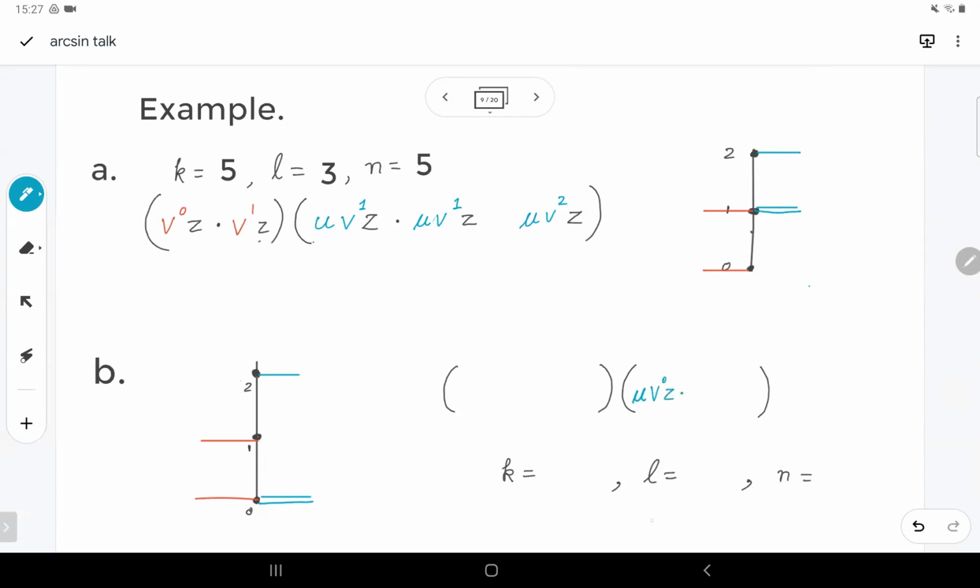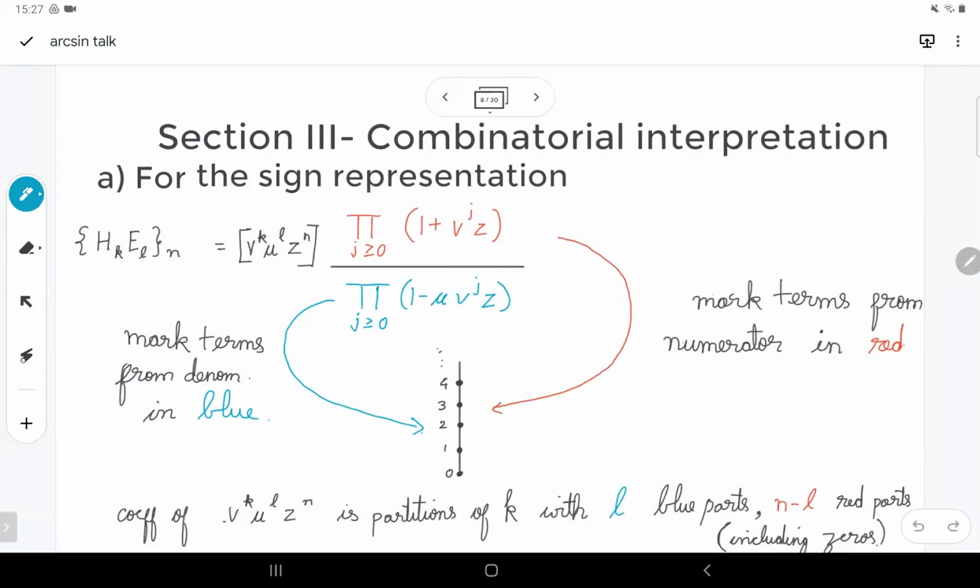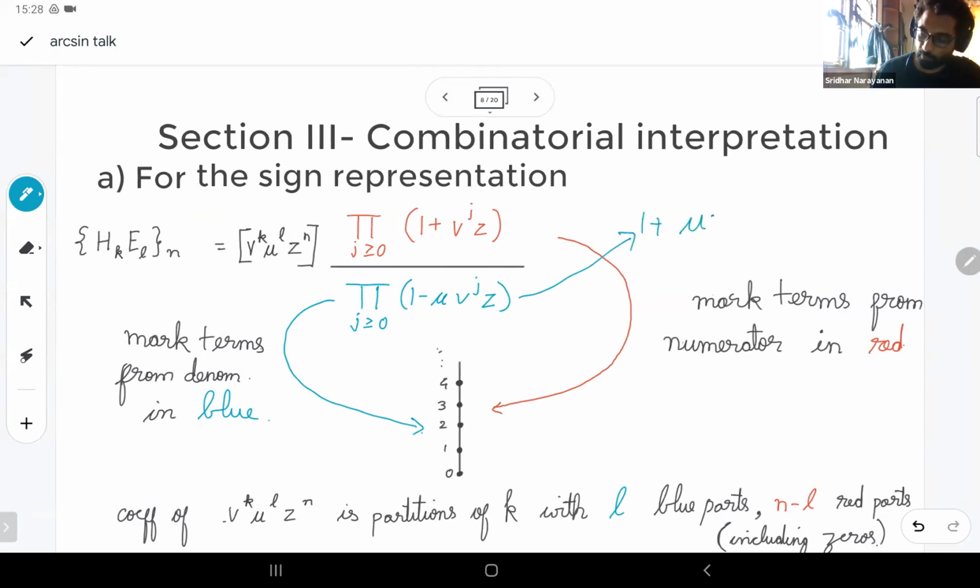For a minute, could you go back to the previous slide, please? I don't understand how you can get, see that j is bigger than or equal to 0. There is one factor for every j. If you expand this, it will be 1 plus u v^j z plus u v^j z squared plus u v^j z cubed, etc. So we can take any number of terms from each distinct term.